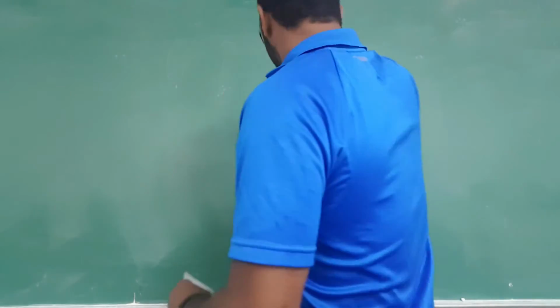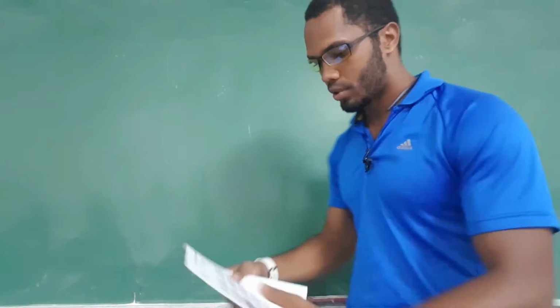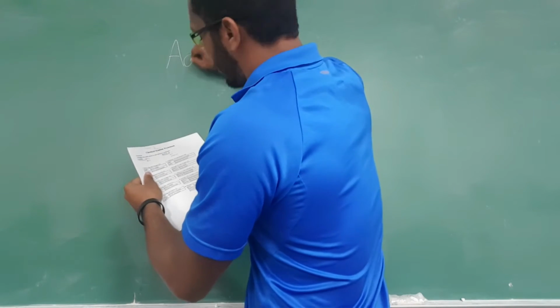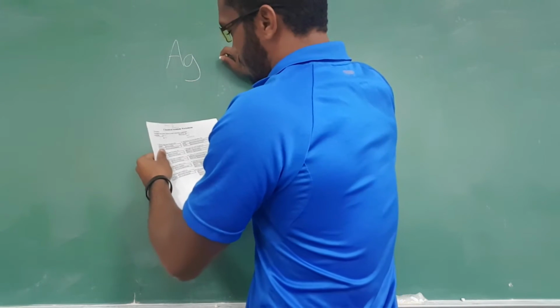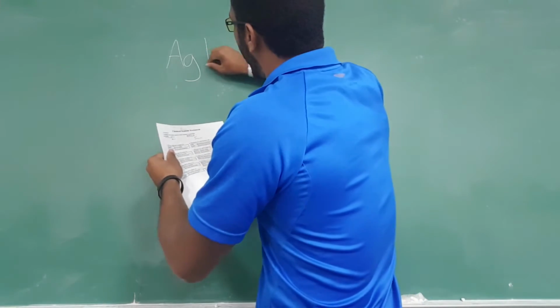So I'm going to erase this here, and we're going to go into an example, number 1, which is silver iodate, and its chemical formula is AgIO3.